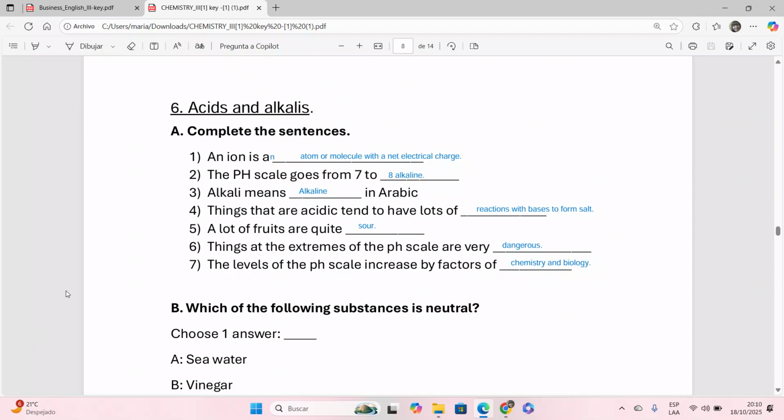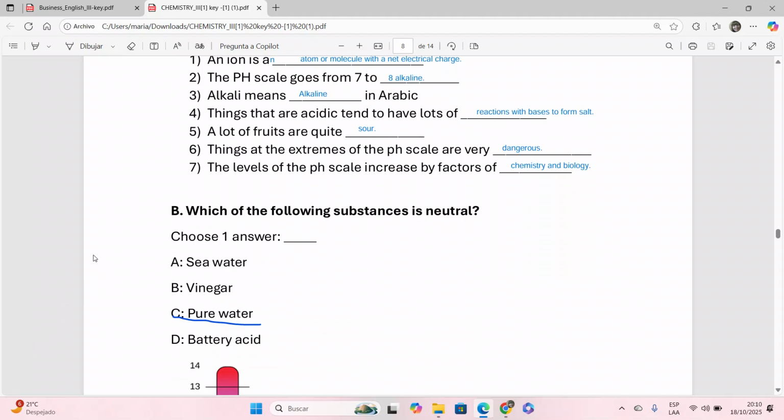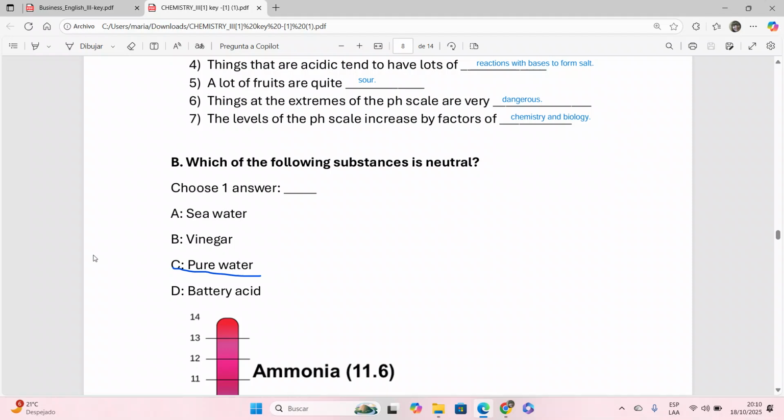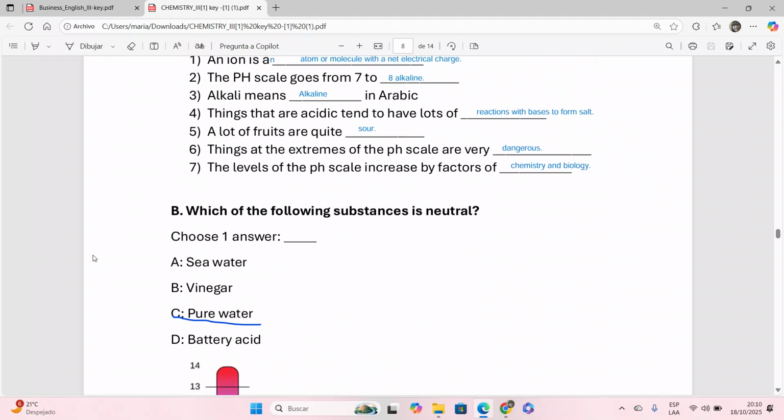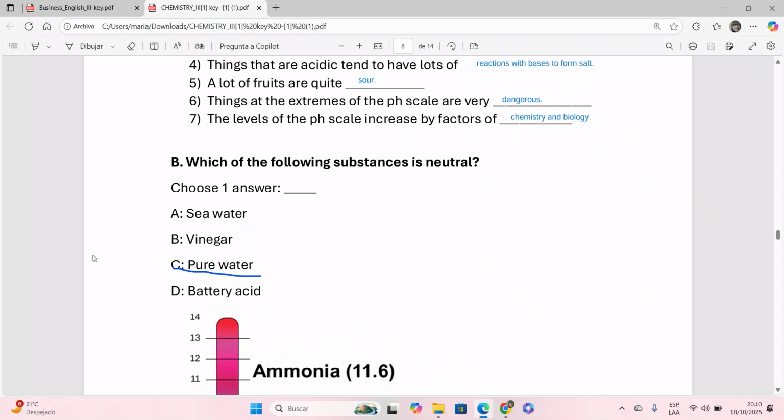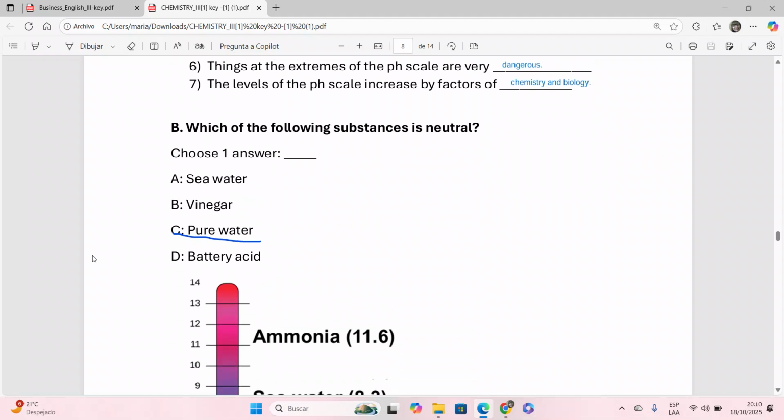Alkaline. 4. Things that are acid tend to react with bases to form salt. 5. A lot of fruits are quite sour. 6. The things at the extremes of the pH scale are very dangerous. 7. The values of the pH scale increase by factors of ten.